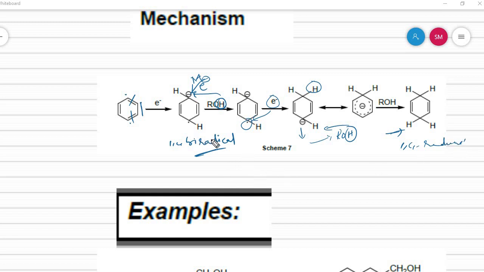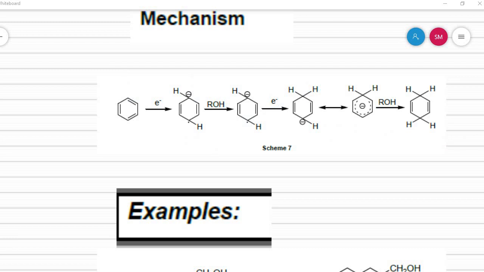Now if I place a donating group here, what's going to happen? The anion generated will be unstable. If a donating group is present, the anion which is generated will be unstable, so it won't go this way.